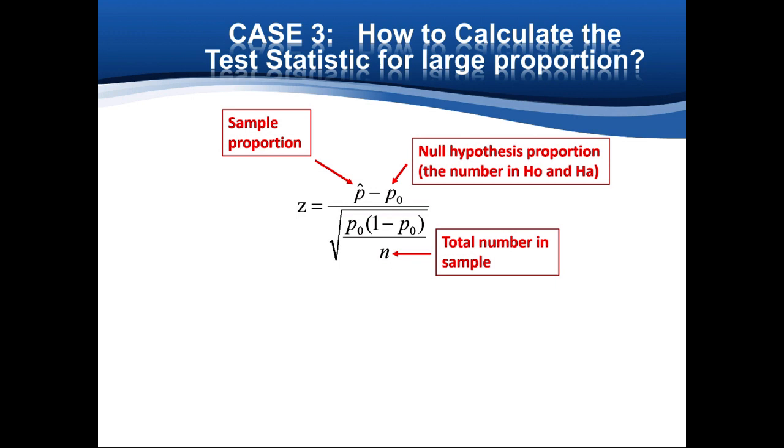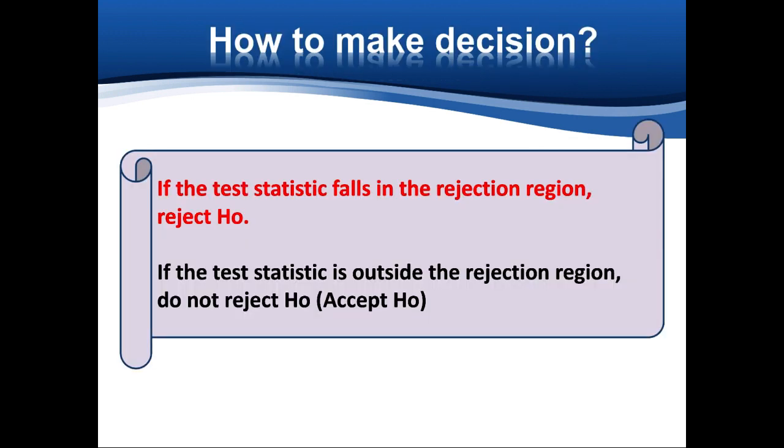After calculating the test statistic, we need to make a decision, whether you reject H0 or not reject H0. How to make a decision? If the test statistic falls in the rejection region, reject H0.